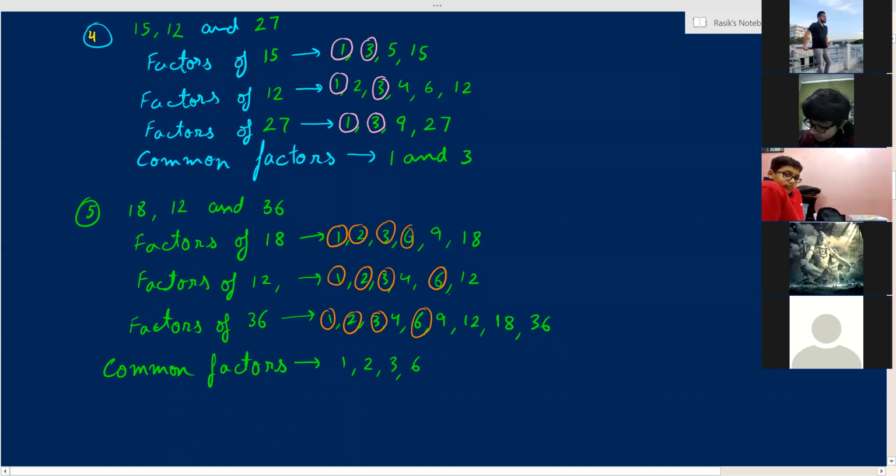Can we say 4 is a common factor? No, sir. 9 is also not common, 4 is also not common, 18 is also not common, 12 is also not common. Only 1, 2, 3 and 6 are common. Try the sixth part, everyone.